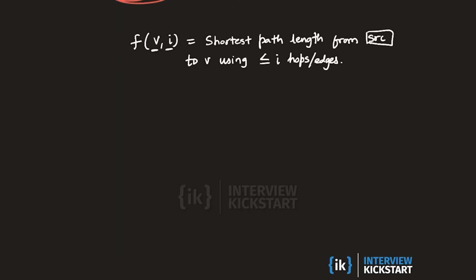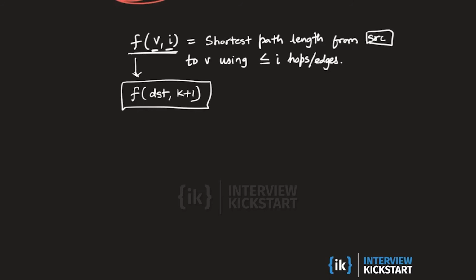So how do we calculate the value of f of v comma I for different values of v and I? Our goal is to find the value of f of destination comma k plus 1. This is the value that we are interested in calculating. But because of optimal substructure, this value will have to be constructed from the values for smaller subproblems.